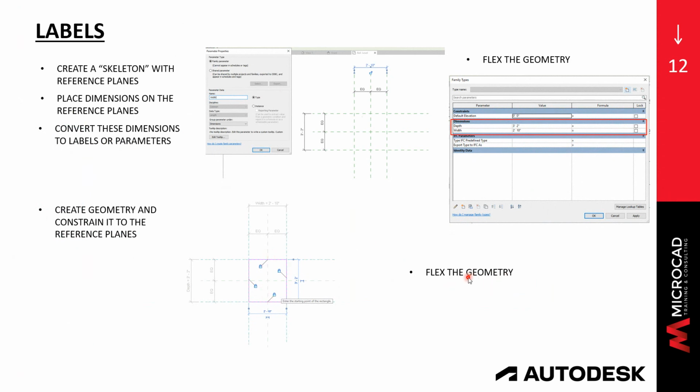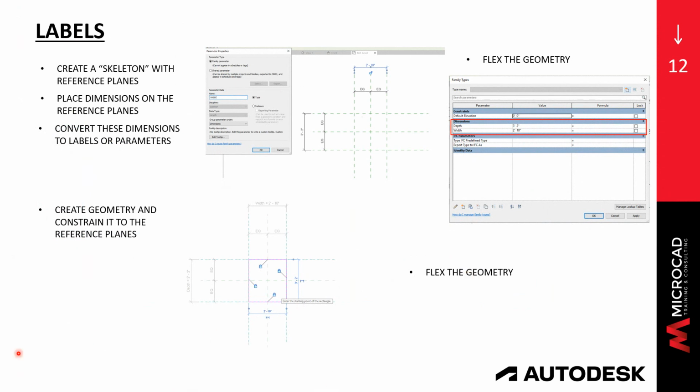And then guess what? You're going to flex the geometry again, and you're going to make sure that that extrusion that you created or whatever shape you created, if you flex the family, that element moves too. That is what makes that family parametric and intelligent and flexible.